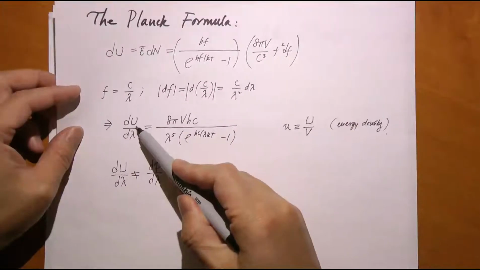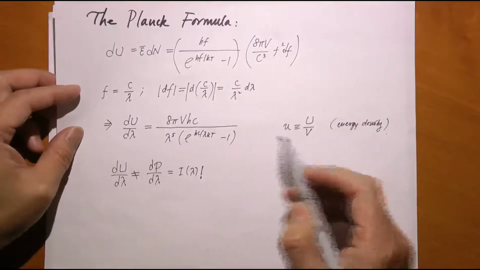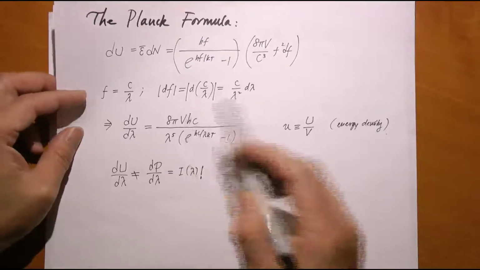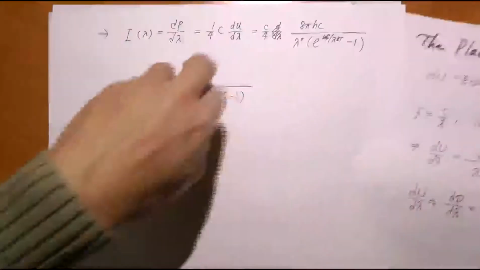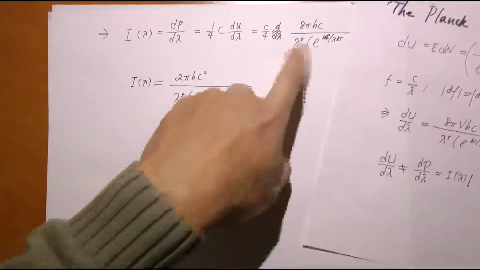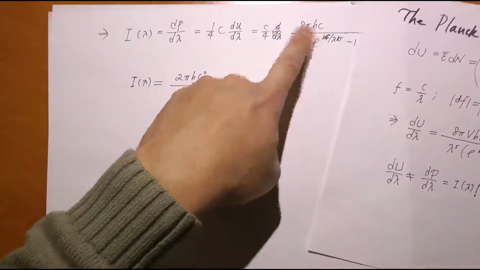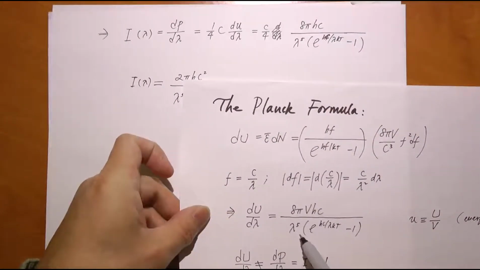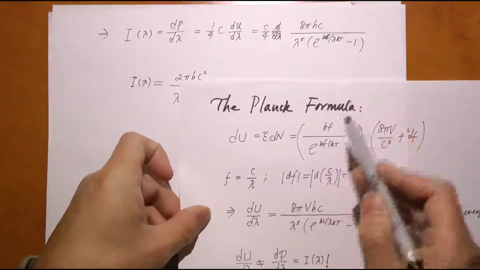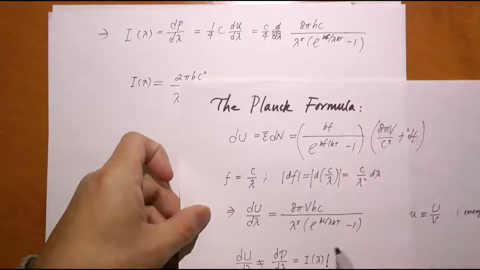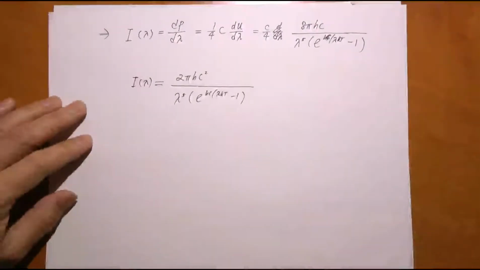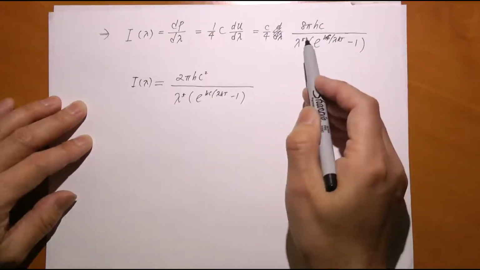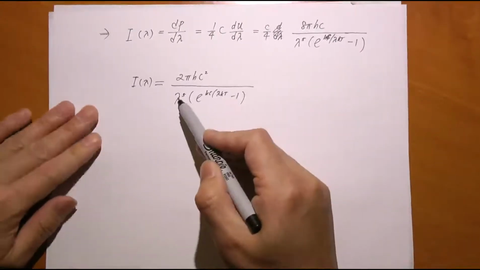That's capital U, which means it's the energy density small u times V. So for d small u over d lambda, all we have to do is get rid of that V. So we copy that into here, which is 8 pi hc divided by lambda to the power 5, e to the power hc over lambda kT minus 1 right here. Okay. And just work out the combined term here, you finally arrive at this.